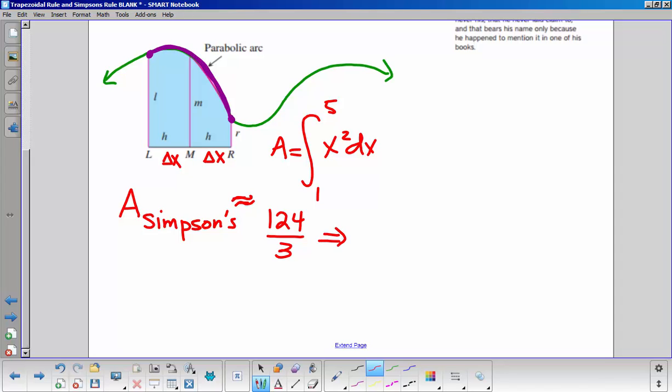This is the same as the exact. What is really cool about that is we are approximating the area under a quadratic with an approximation technique that uses little quadratics. So it's going to be a perfect fit.